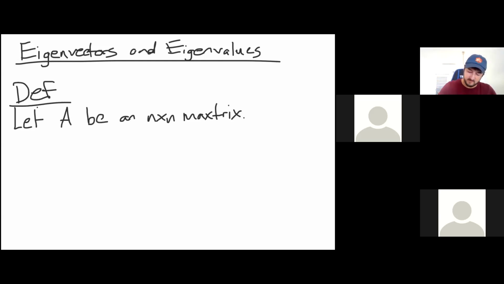Okay. So a scalar lambda. Lambda is the Greek letter. This is the lowercase lambda. If you're familiar with Greek life, you'll probably see this lambda used a lot. That's capital lambda. In mathematics, we use lowercase lambda.